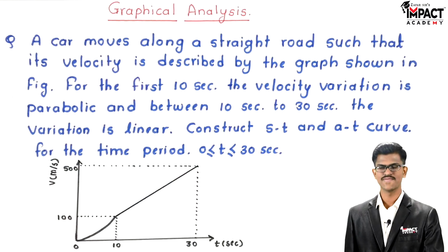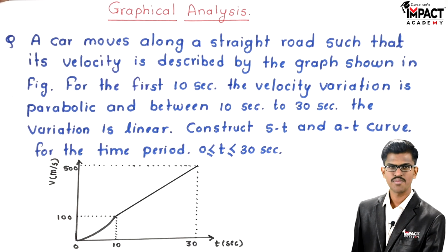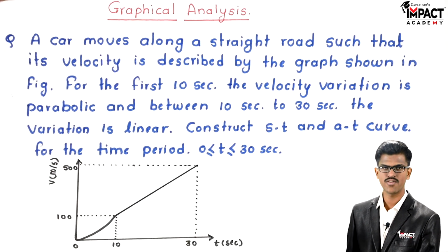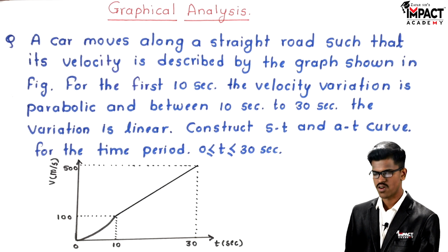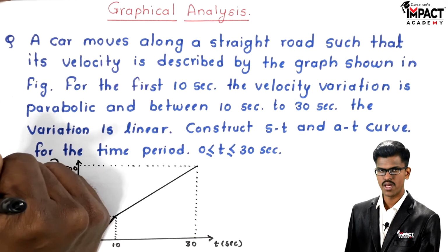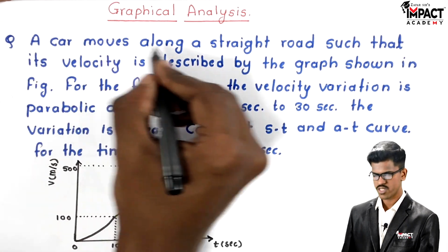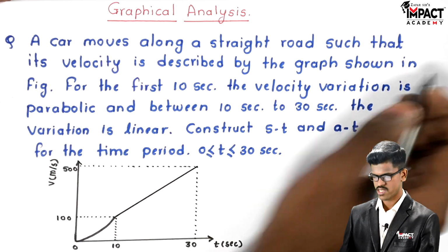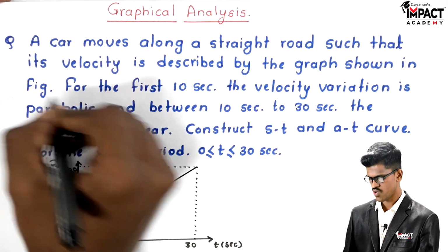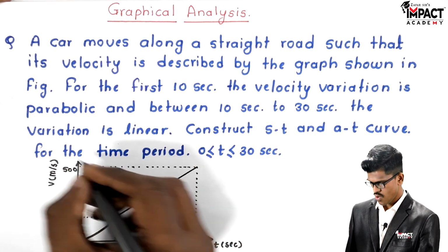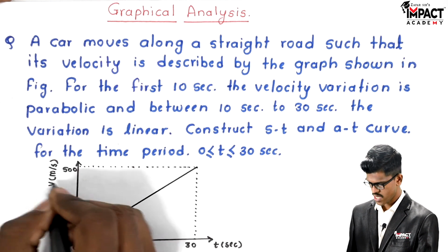So let's start. In our previous video, we studied what graphical analysis is and the different kinds of motion curves. So here is a problem. A car moves along a straight road such that its velocity is described by the graph as shown in the figure. In this question it is a VT curve.